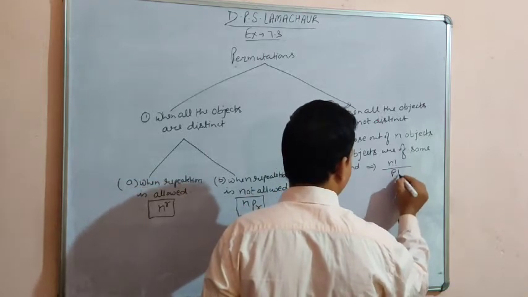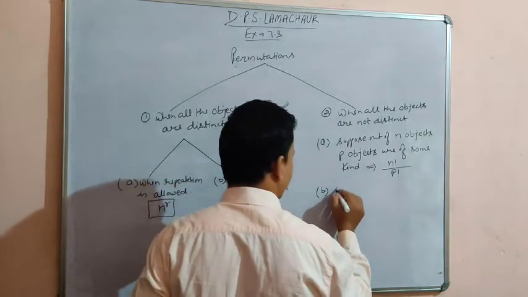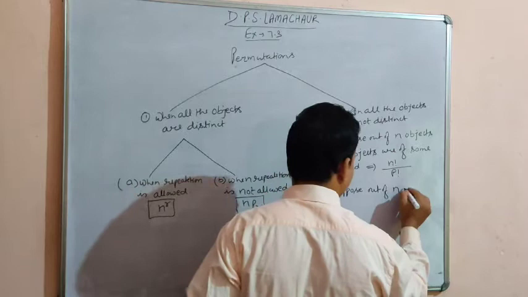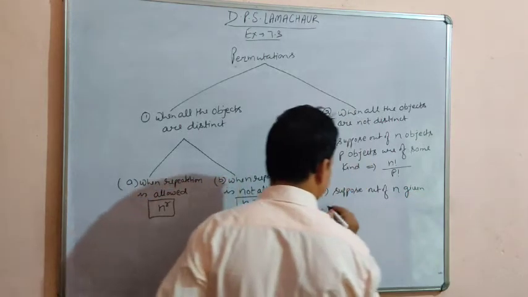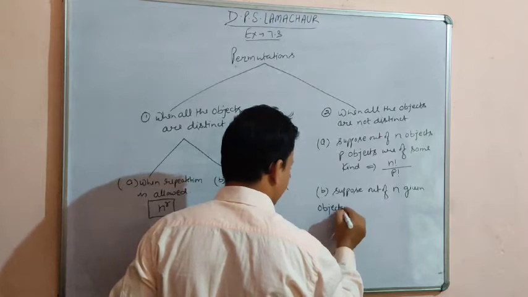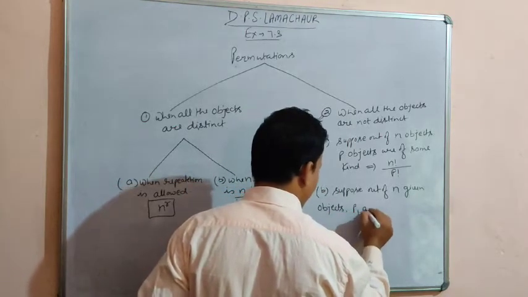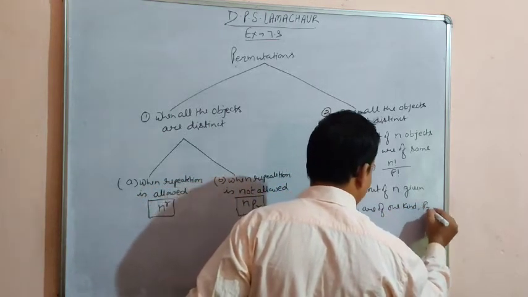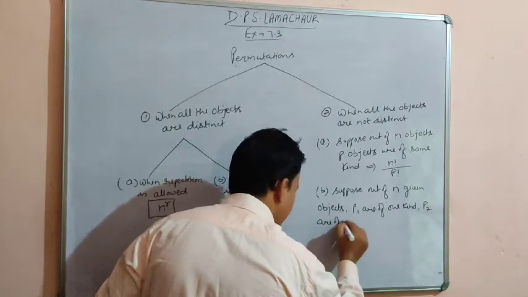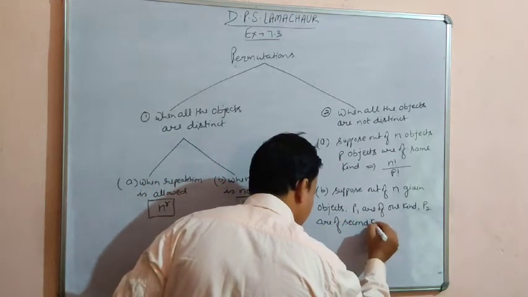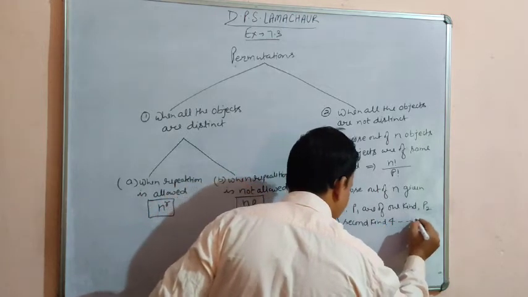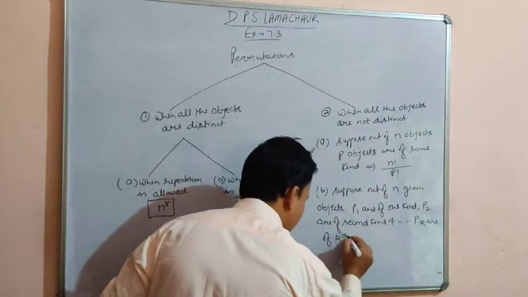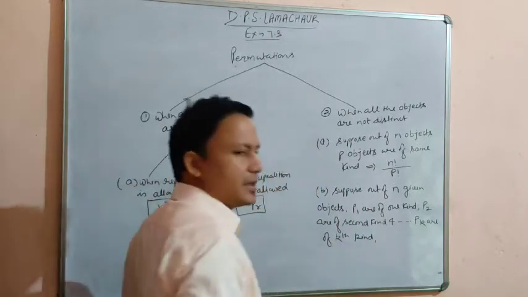Permutation will be n factorial upon p factorial. Second, suppose out of n given objects, p1 are of one kind, p2 are of second kind, and so on, pk are of kth kind, then what will be the number of permutations?